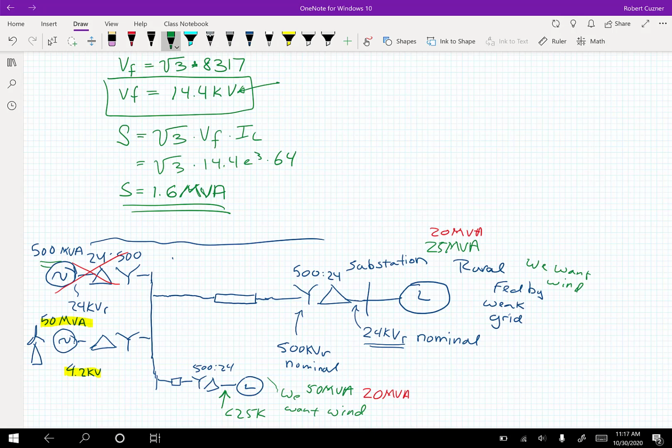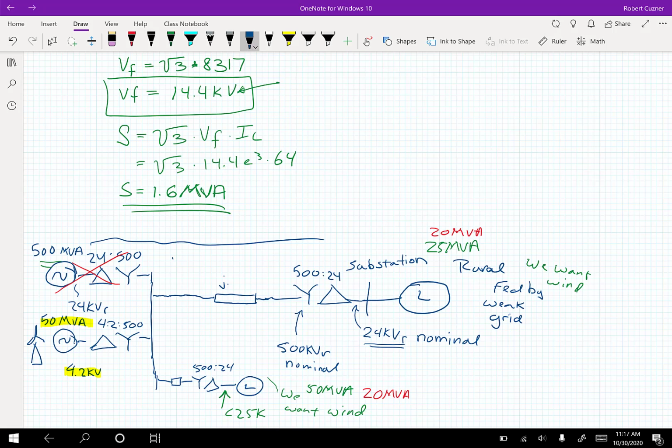So we have this transformer that is a 4.2 to 500 step up to get this power out to everybody. And this has an impedance that's quite large because it's a very long ways out from everybody.